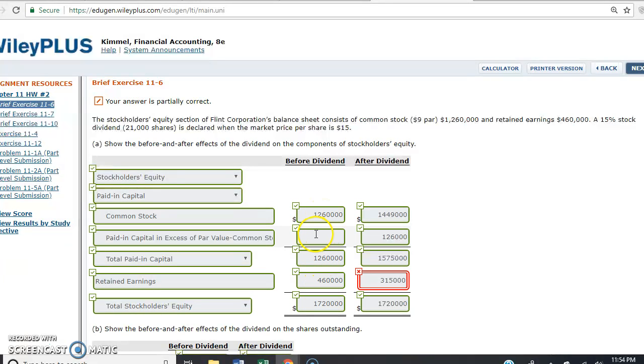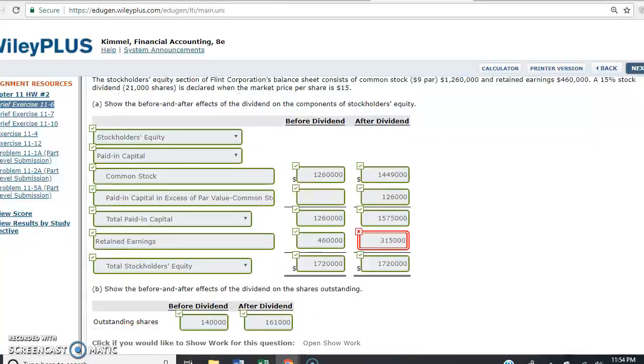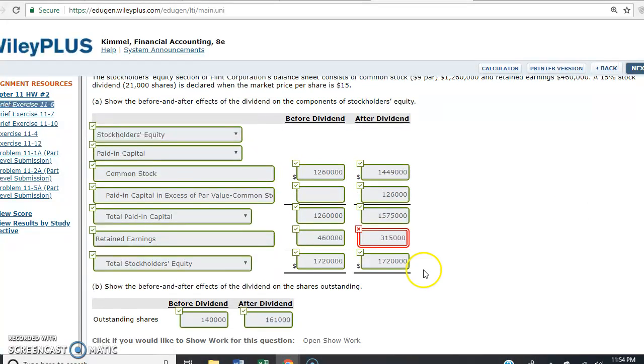There is no paid in capital in excess of par of common stock because there are no changes made, so nothing goes in here. The total paid in capital is $1,260,000. We're also given the retained earnings, which is $460,000. All we have to do to find the total stockholders' equity is add those together. That gives you $1,720,000 in total stockholders' equity.